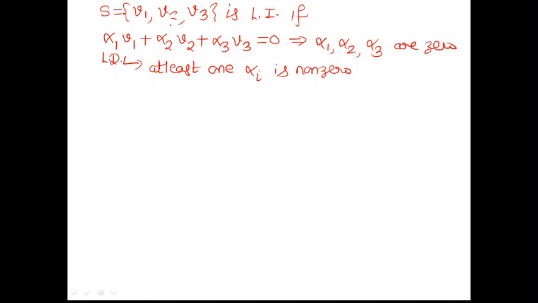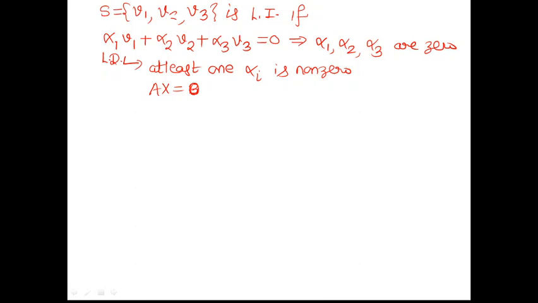Now, again we have seen that when we consider this linear combination equal to 0, this always results in a system of linear equations of the form Ax equal to B, where B is a zero matrix.